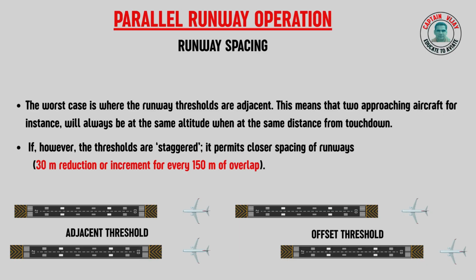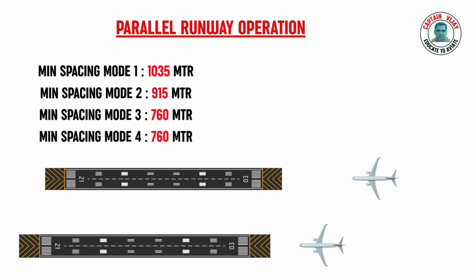So runways can be closer by a distance of 30 meter if there is an overlap of 150 meter between the thresholds of the runways. So minimum spacing for mode 1 operation is 1035 meter, for mode 2 is 915 meter, and for mode 3 and 4 is 760 meter.